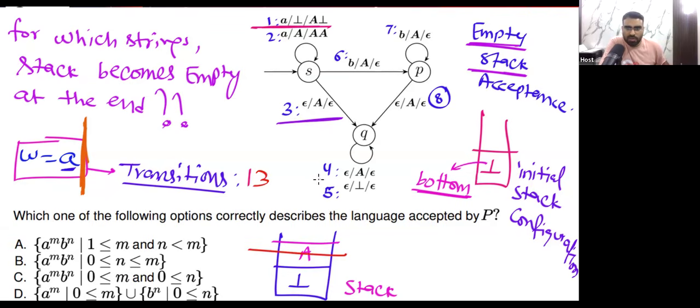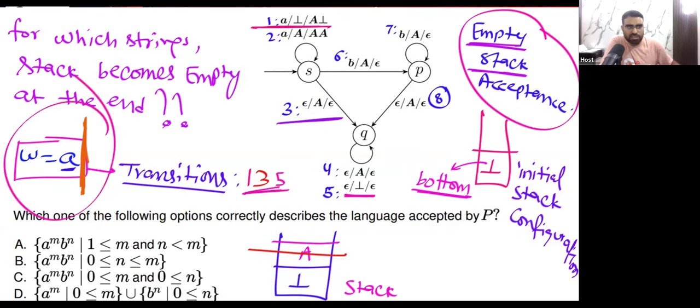Now I want to empty my stack, because remember, I have this PDA by empty stack acceptance. If you want to accept a string, then at the end of the string you must empty the stack. So I can empty my stack; basically this symbol also I can pop. You can easily see I can take transition 5. Without reading anything from the input string, if this symbol is on top of the stack, yes, it is, then you empty it; basically you pop it.